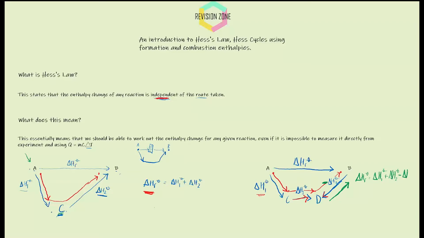I'm going against that direction. It's a bit like vectors, like I said, you oppose it, so you put a minus in front, and that minus is quite important. So the sum of these three enthalpies will equate to delta HR. I'm going via an indirect route. And this indirect route will be equal to the enthalpy of reaction, which I've obviously put up here, but I'm just putting there as well. So I hope that makes sense. It might be worth just rewinding the video and going through that again.